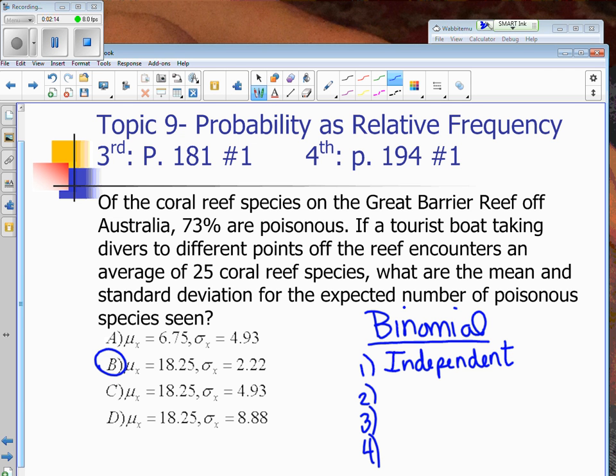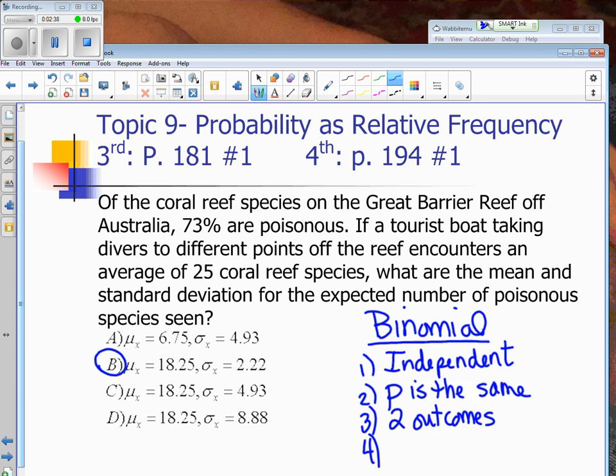The probability is the same for each event. Is that true here? Isn't it 73%? In Australia, it says 73% are poisonous. The third one is that there are 2 outcomes. We call that success and failure. They're either poisonous or they're not poisonous.